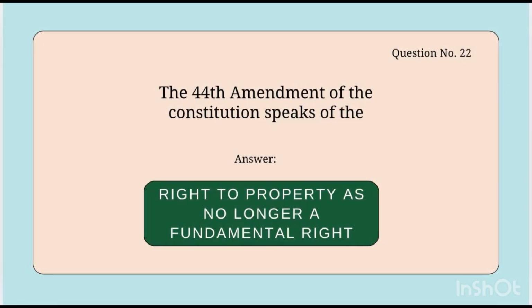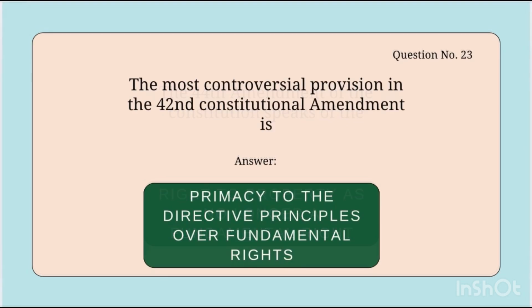Next question, the 44th Amendment of the Constitution speaks of the right to property as no longer a fundamental right. The next question, the most controversial provision in the 42nd Constitutional Amendment is primacy to the directive principles over fundamental rights.